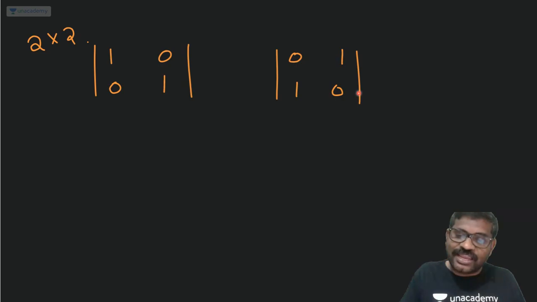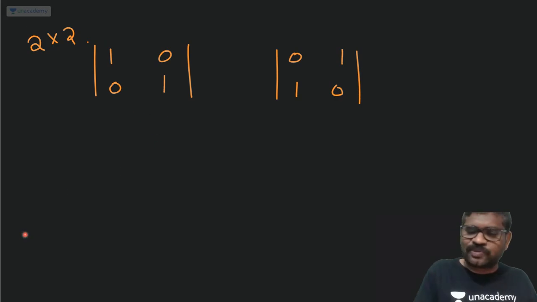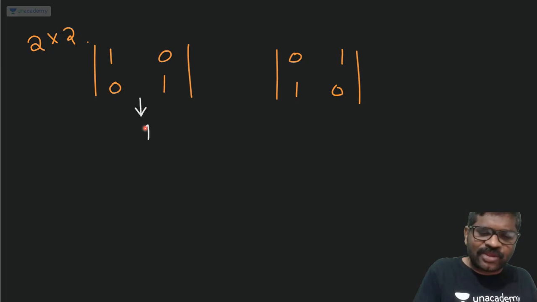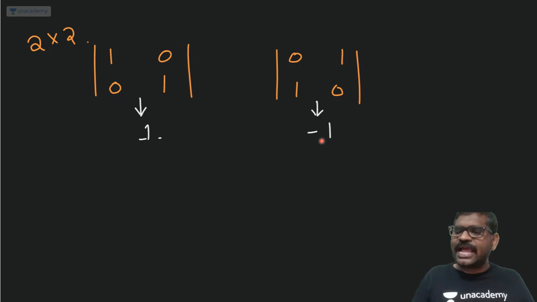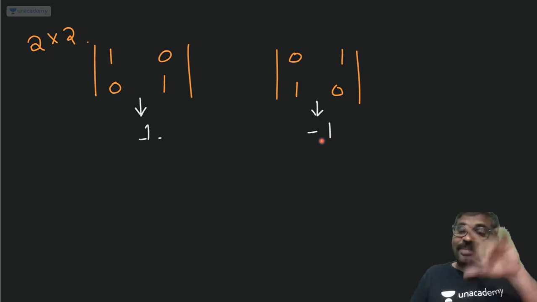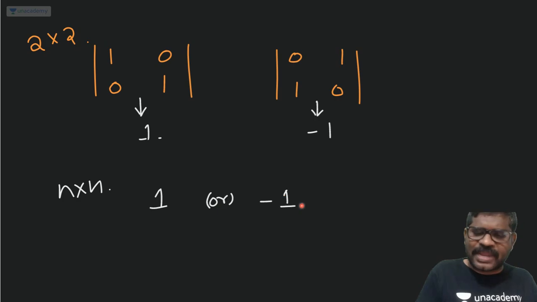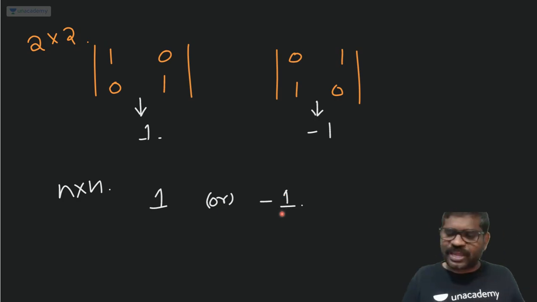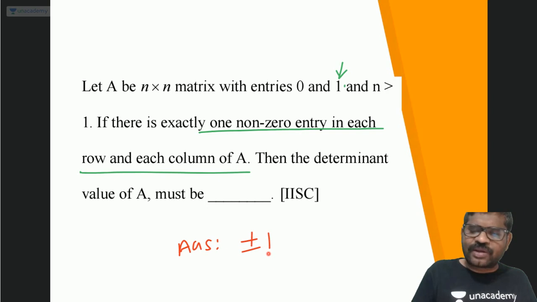That's why either you can generate 1001 or 0110. Here determinant value is 1. Here determinant value is -1. Therefore, for n cross n matrix also, either 1 is possible or -1 is possible. That's why the correct answer is either 1 or -1.